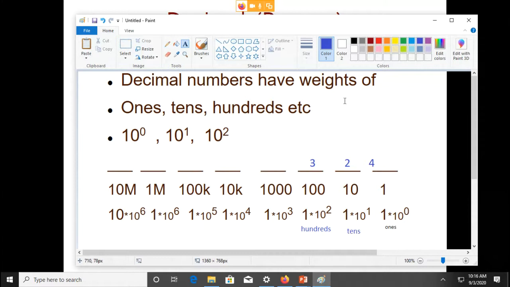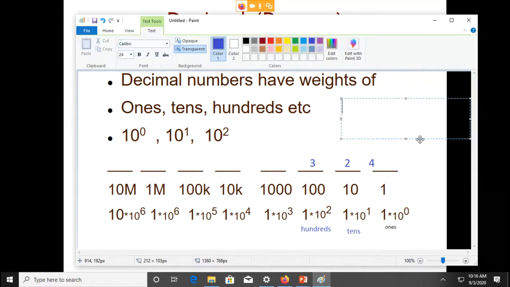So this would end up giving us 3 times 100 plus 2 times 10 plus 4 times 1, which of course then would result in 324.